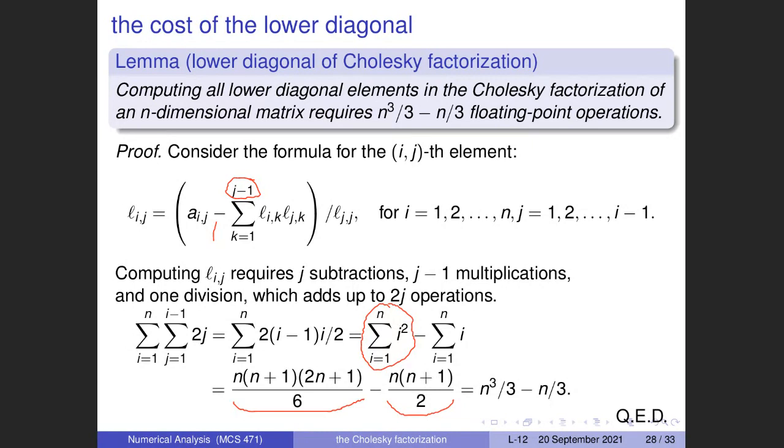The explicit formula for the sum of the squares gives actually n to the power 3 divided by 3. And that gives the conclusion of the second lemma, that the computation of all lower diagonal elements has a cost of n to the power 3 divided by 3 minus n divided by 3. So it's actually the 1 over 3 that is the important coefficient.